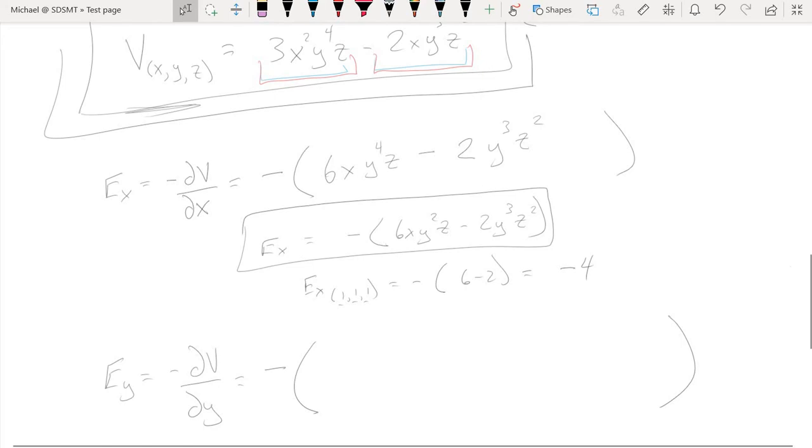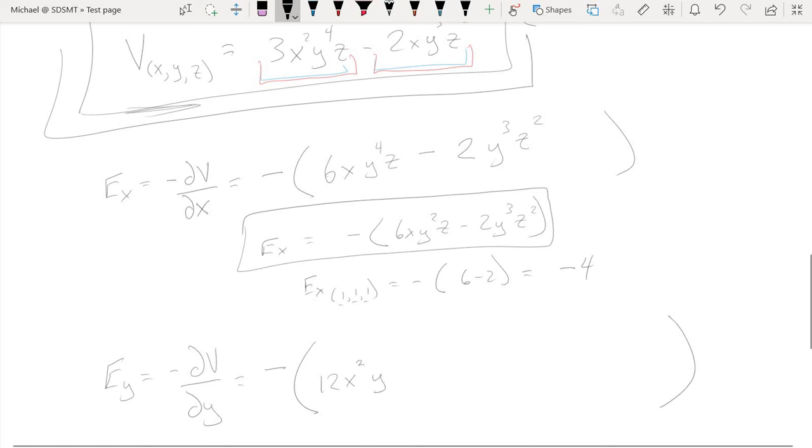Derivative of the first term with respect to y is going to be 12. X is now going to be treated as a constant because we're taking our derivative with respect to y.